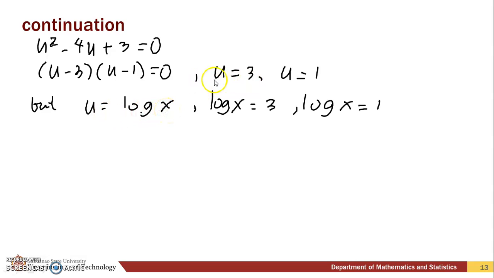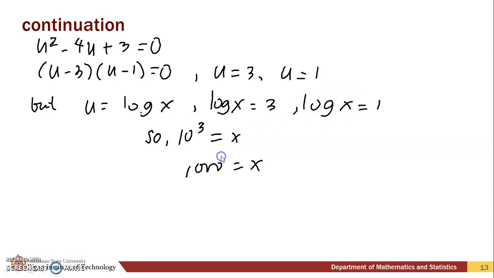So we can rewrite u to be log of x equals 3 and log of x equals 1. It is understood that the base here is 10, and 3 here is the exponent to which this base is raised to get x. Hence, we have 10 to the 3rd power is equal to x.